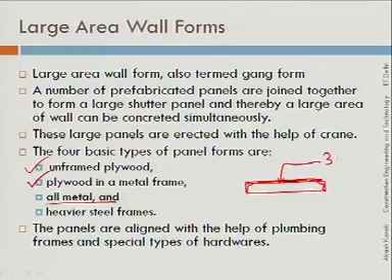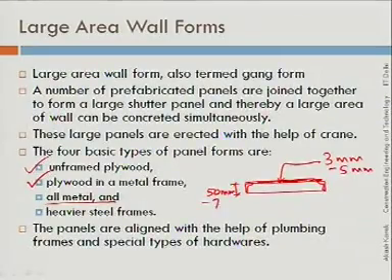This sheet would be of about 3 mm to 5 mm, and this angle size would be about 50 mm to 75 mm. In between also you can put some stiffeners. So, this is all metal frame.